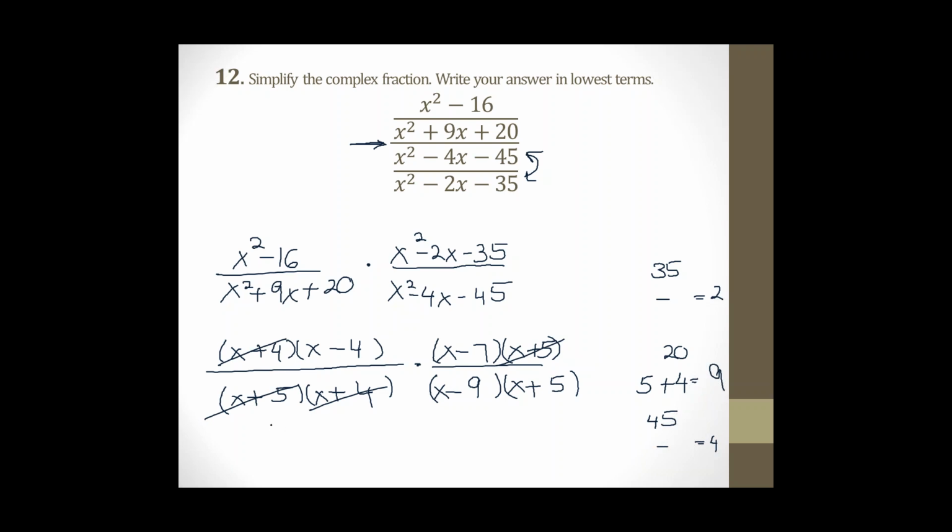So rewriting it with what's left, x minus 4, and then x minus 7, and in the denominator I have x minus 9 and x plus 5. Okay, so this should be my final answer for this problem. And in the packet, this is answer choice D again. So a lot of D's today.